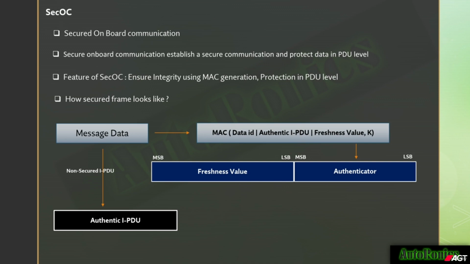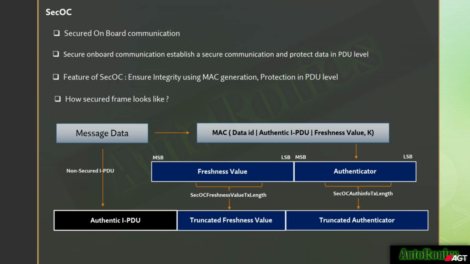Since we have a length constraint, we can't send the entire authenticator and the freshness value. We can just send the security auth info tx length of the authenticator and security freshness value tx length of the freshness value. That is called the truncated freshness value plus truncated authenticator.